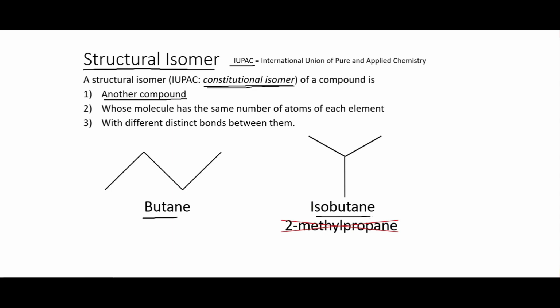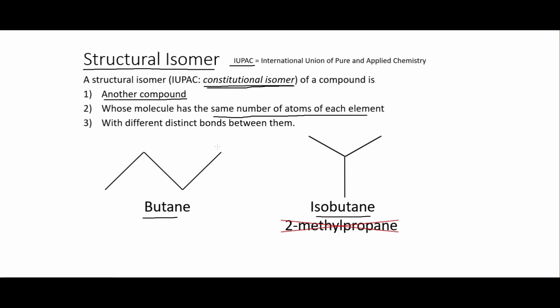They will have different chemical and physical properties. It's just that we name it similarly because of the number of atoms it has and so forth. So it's another compound whose molecule has the same number of atoms of each element.